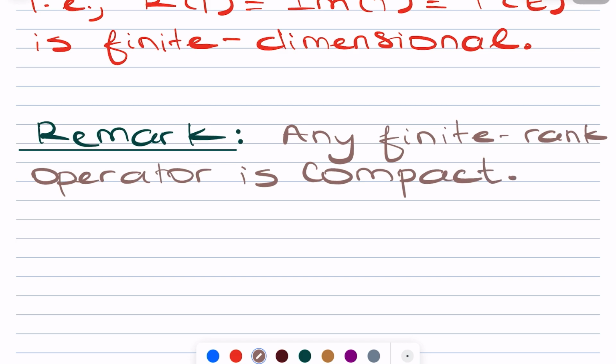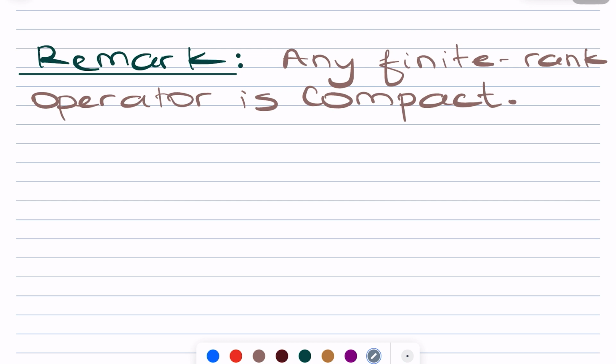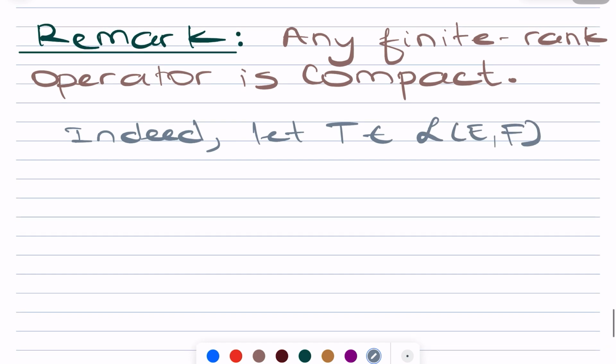Right? So let's prove this. The proof is not long. Indeed, let T be a bounded linear operator of finite rank. So assume you have a finite rank operator.